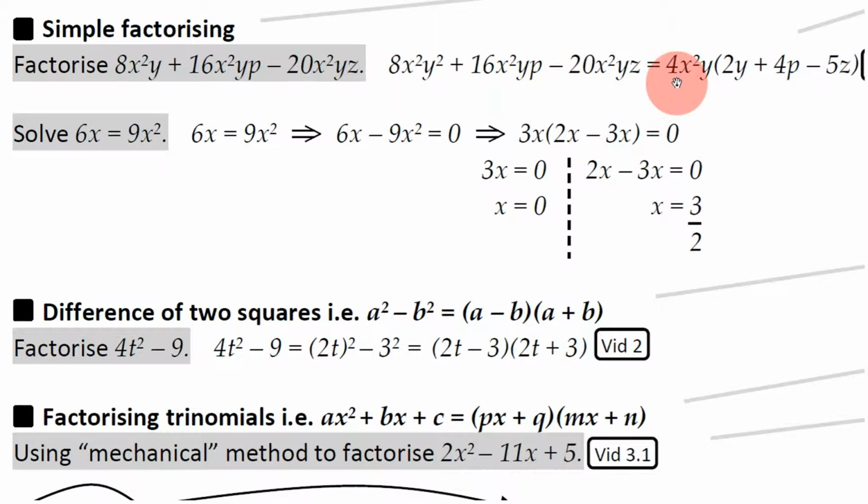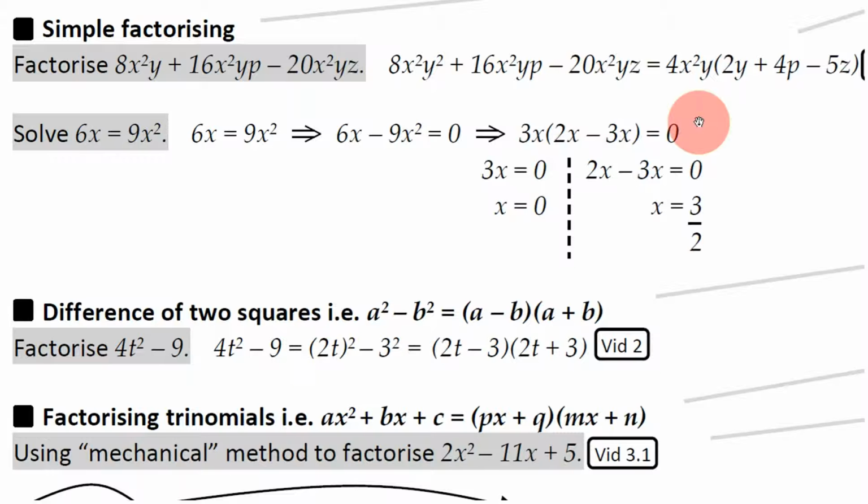So that's my complete list of common factors for each bit of this expression, and now I have to think what times what will multiply back to that, because remember, factorizing is simply the opposite of multiplying brackets out. So if I multiply my brackets out, I'll get what I had originally. So 4x squared y times what makes 8x squared y squared?